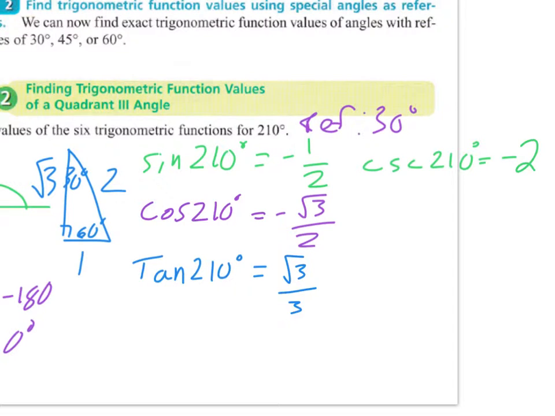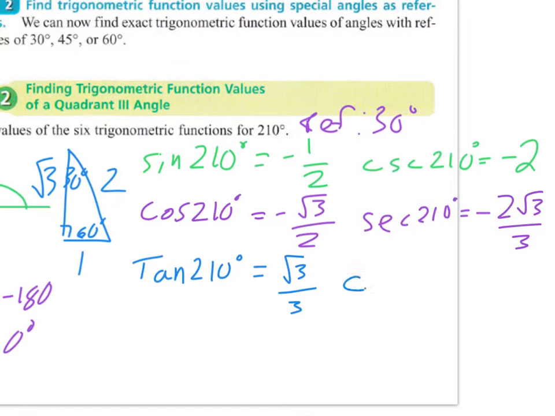The reciprocal for the cosine is the secant. Secant of 210 degrees would also be negative. Again, that reference angle is 30, so we would use hypotenuse over adjacent, and then we'd have to rationalize that. We'd get negative 2 square roots of 3 over 3.